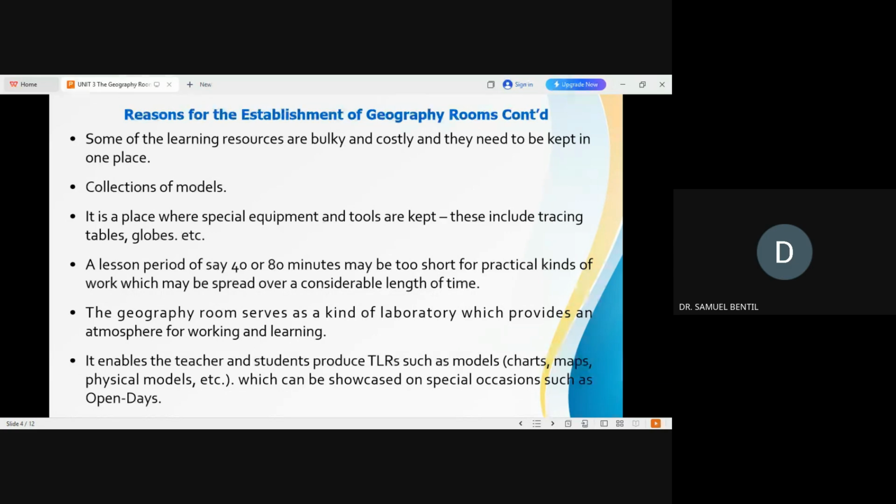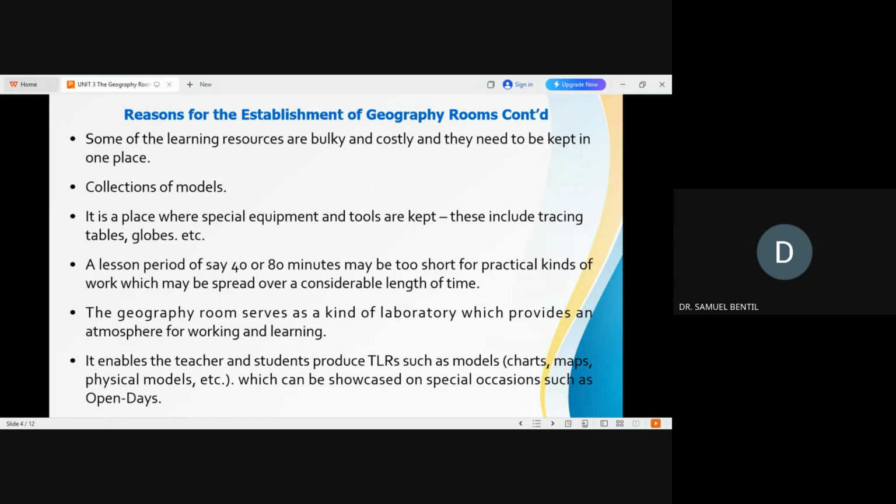Okay, I'm getting it. So you said that you are a geography teacher in a secondary school. Then you teach only form ones, you don't teach form twos. And the form twos also have a different geography teacher. Is that not so? Yes. And the geography room you have is one.